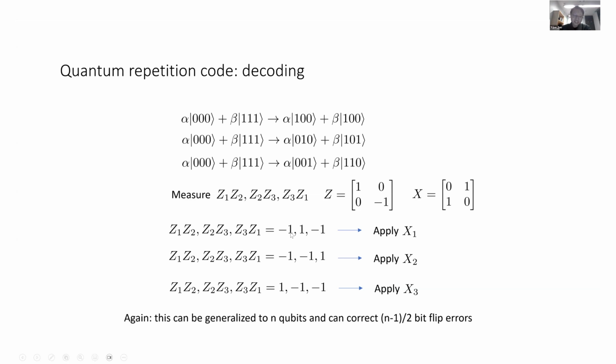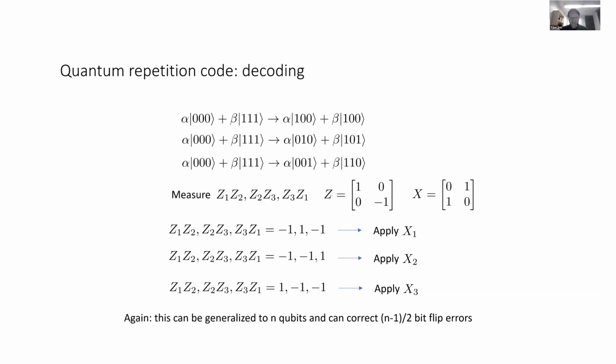So by measuring these three operators, you can get three possible outcomes: either you get -1, 1, -1, or -1, -1, 1, or 1, -1, -1. And in these three cases, you know which spin gets flipped, right? In the first case, for example, you know that the first spin is flipped. Then you would apply sigma x1 to the first qubit to reverse this error.